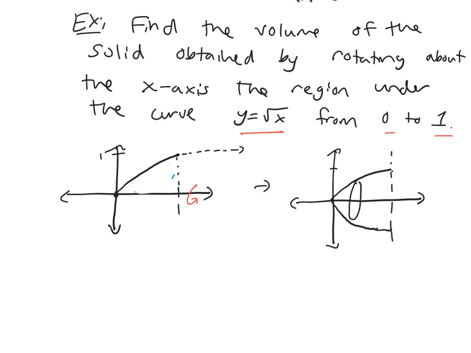I want to take out a slice of this, like a chunk of my solid. Remember what I do, I'm slicing it like a loaf of bread, so I'm taking this rectangular strip and rotating it around.